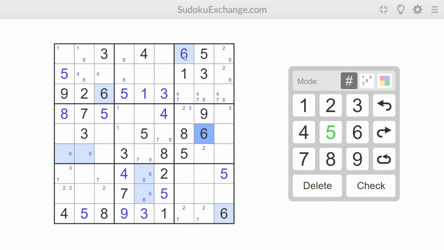Okay, good. 6 sees these two spaces. Couple of 6s here means this cannot be a 6. This cannot be a 6. This cannot be a 6. So only these two places where we can have 6.